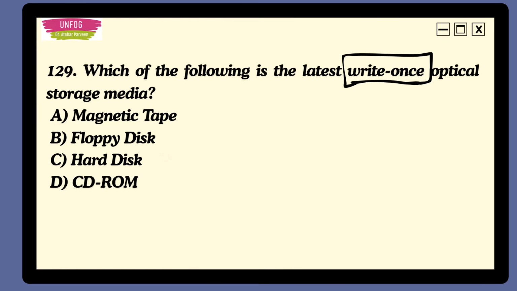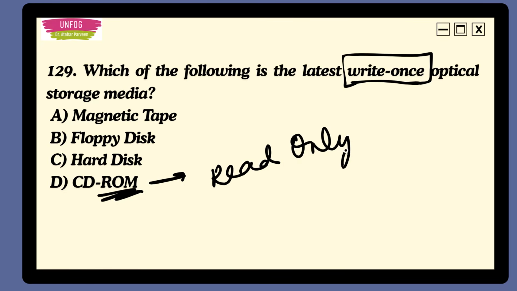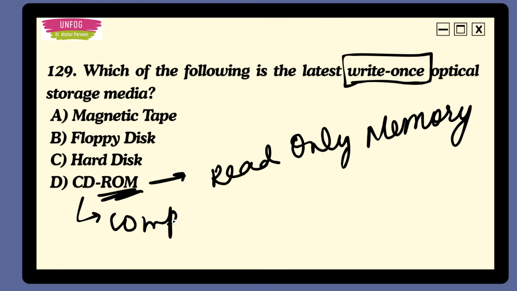Because see, what is the full form of ROM? Read only memory. This is also very basic. I think you guys are aware of this. If you don't know, write it down. ROM means read only memory. CD means compact disk. That I think you know. But ROM is read only memory.